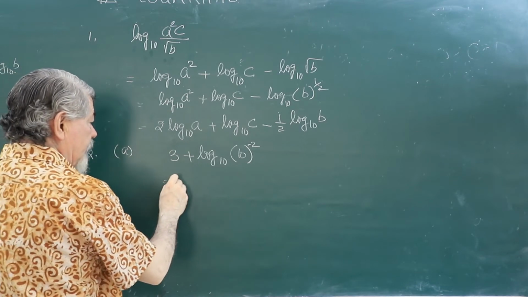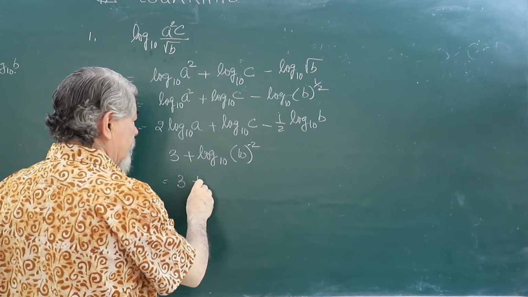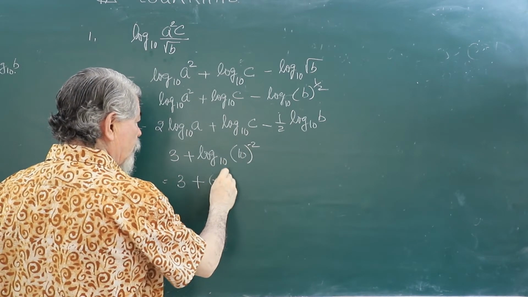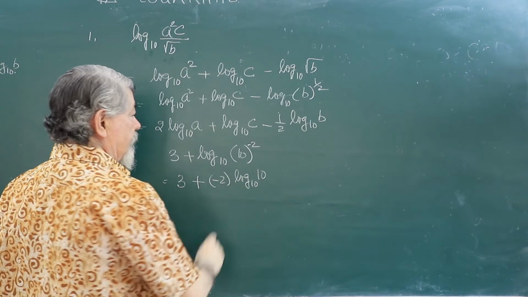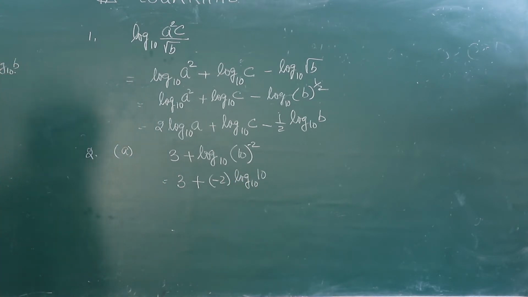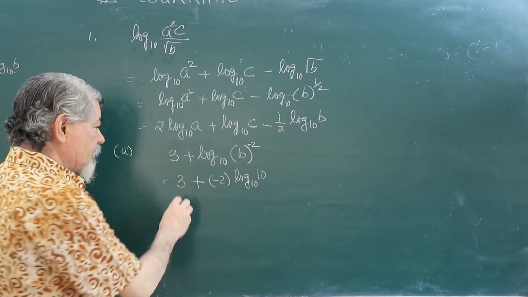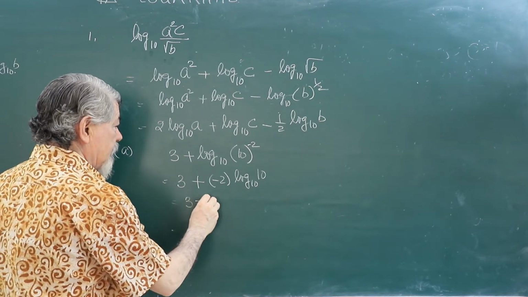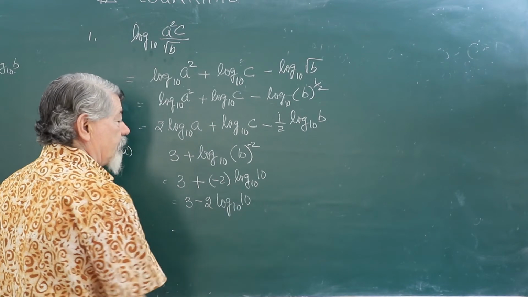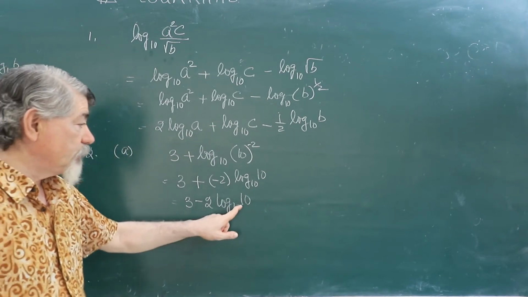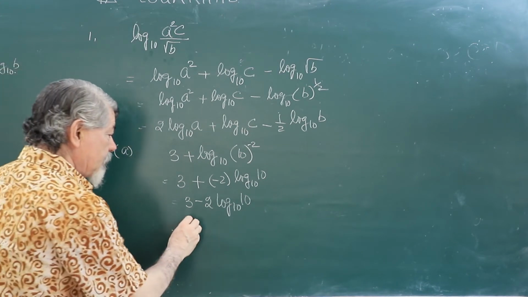So again we are going to write it as 3, and I will bring the power here, that is minus 2 log 10 to the base 10. Because the power comes in the beginning, plus into minus will become minus, so 3 minus 2 log 10 to the base 10. And you know log 10 to the base 10 is always 1.